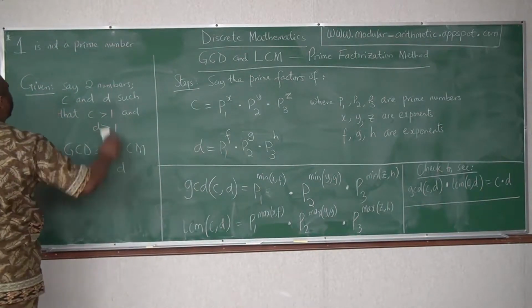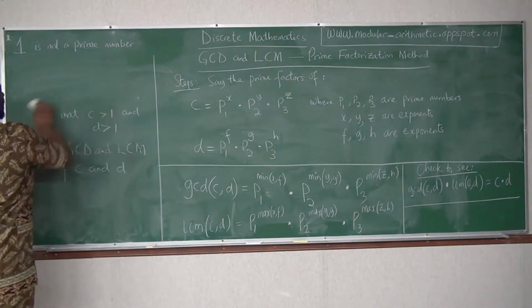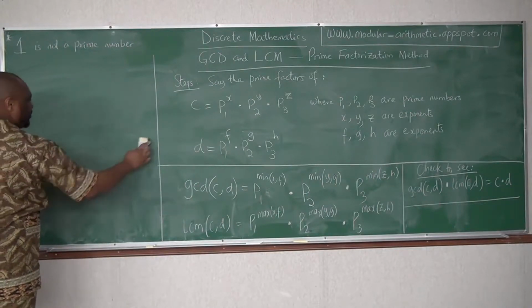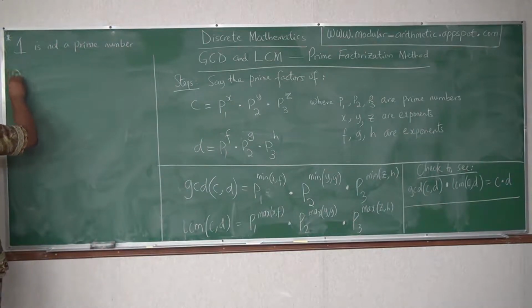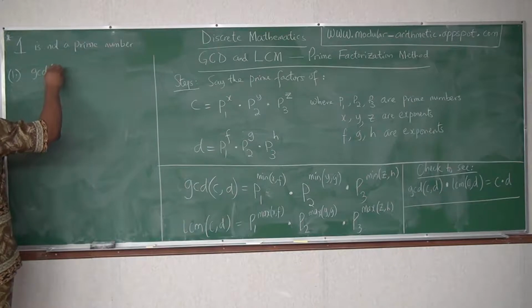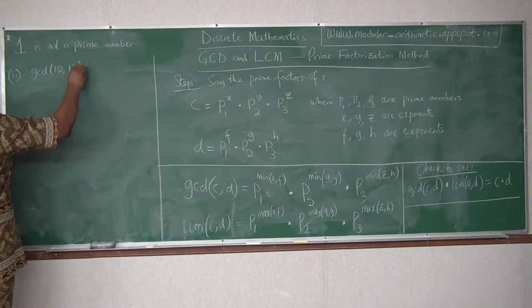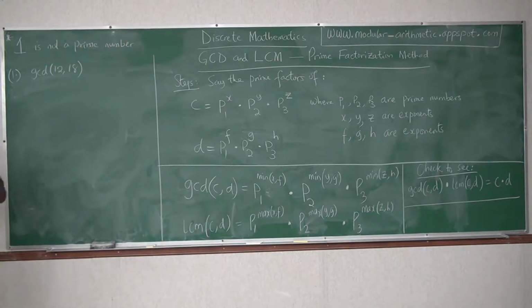Let's begin now to solve problems. We have discussed this, so it's time to now solve questions. So question 1. Find the GCD and LCM of GCD of 12 and 18. We did this in that Euclidean algorithm video.